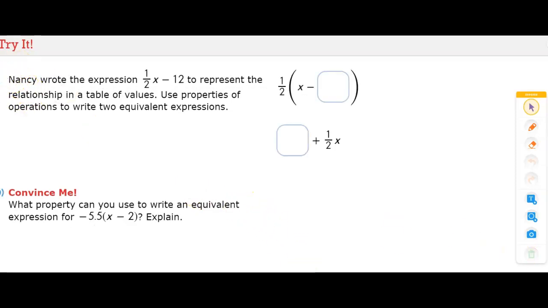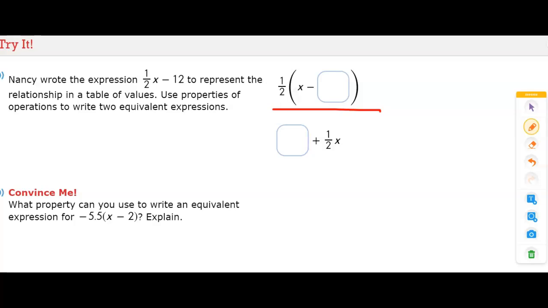Nancy wrote the expression 1/2 times x minus 12 to represent the relationship in a table of values. Use properties of operations to write two equivalent expressions. If we use the properties of operations to help us, as we can see in the first example, you have those parentheses around some parts of the expression and a number attached to that parentheses, that typically indicates you are using the distributive property.